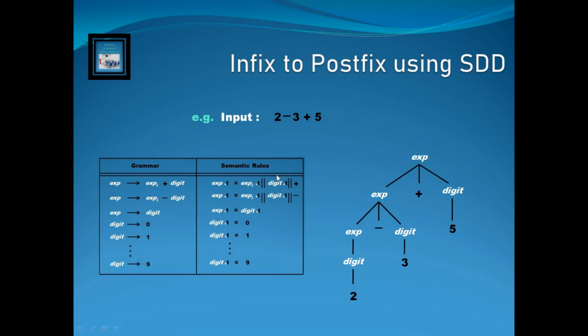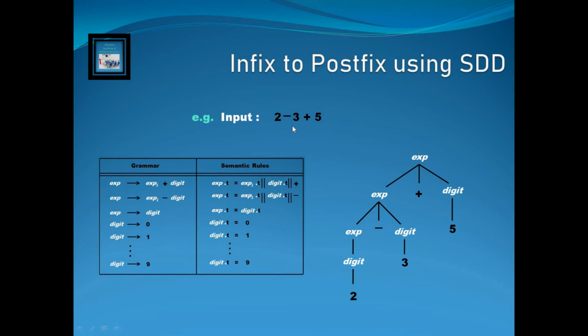First of all, in order to compute the output, the postfix form for this infix form expression, we will draw the simple parse tree for this sequence of tokens. Okay, so using this grammar we can draw this parse tree.